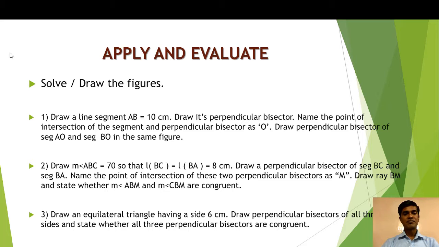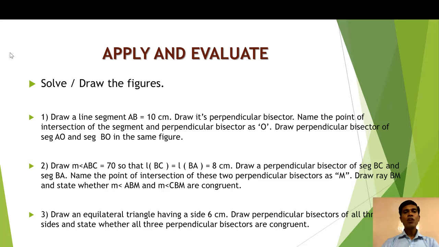So first one here: draw a line segment AB equal to 10 cm. Draw its perpendicular bisector. Name the point of intersection of the segment and perpendicular bisector as O. Draw perpendicular bisectors of segment AO and segment BO in the same figure.